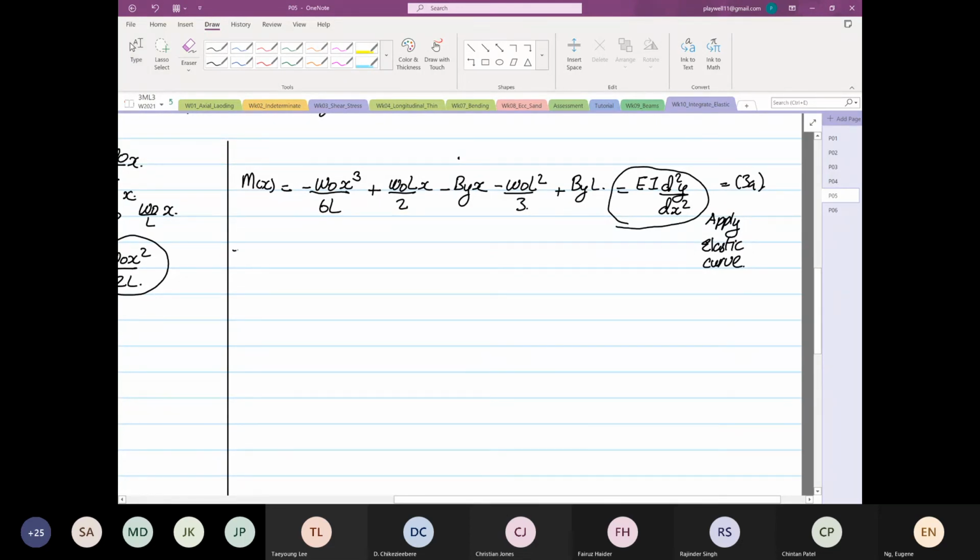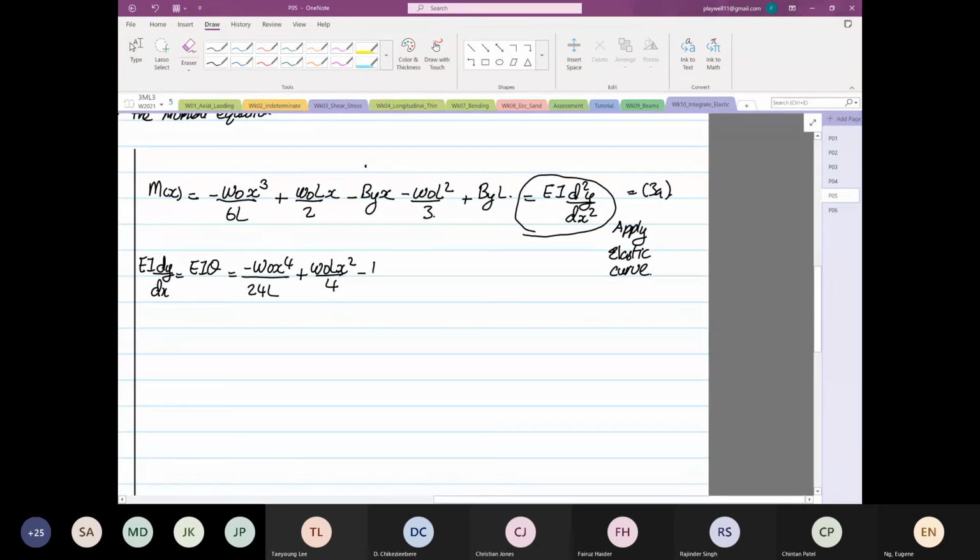So this will be EI dy/dx equals EI theta. So this is equal to minus omega naught x^4 over 24L plus By omega naught L x squared over 4 minus By x squared over 2 minus By omega naught L squared over 3 x plus By L x.